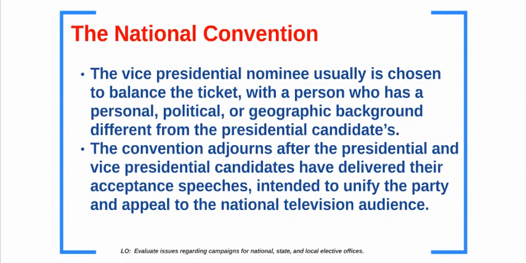The vice presidential nominee is usually chosen to balance the ticket with a person who has a personal, political, or geographic background that is different from the presidential candidate's. The convention adjourns after the president and vice presidential candidates have delivered their acceptance speeches, which were intended to unify the party and appeal to the national television audience.